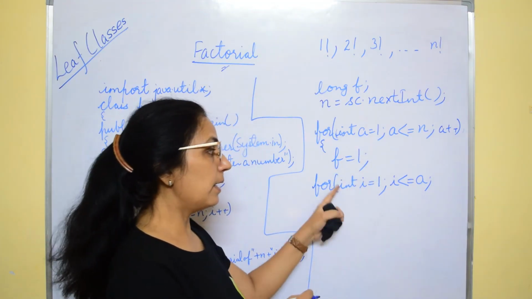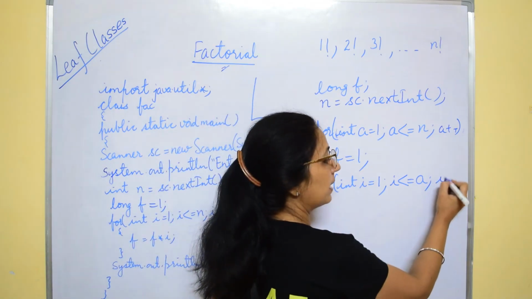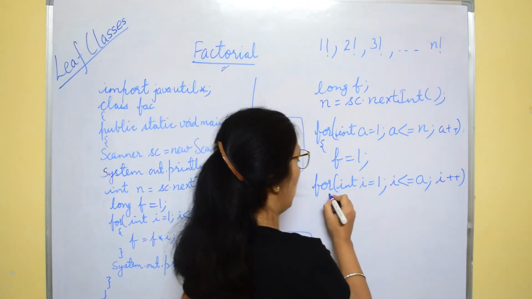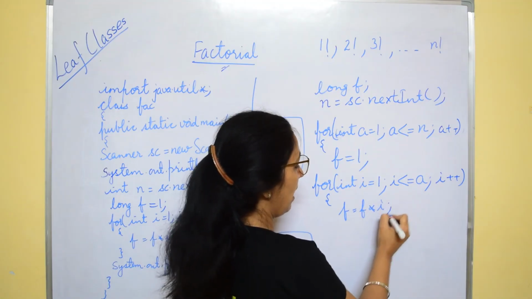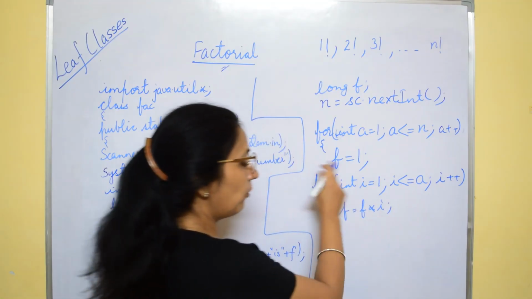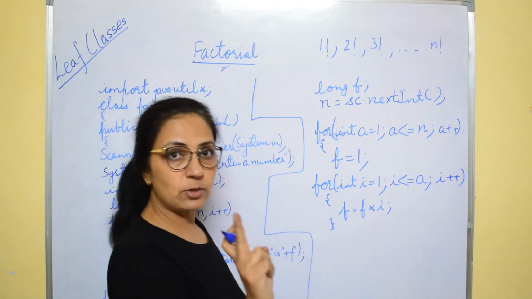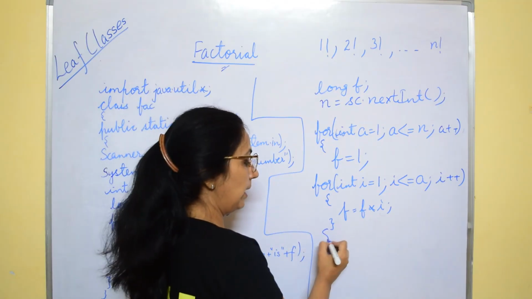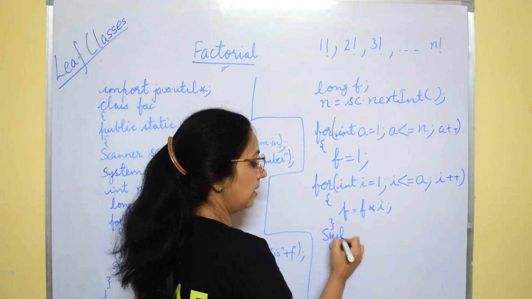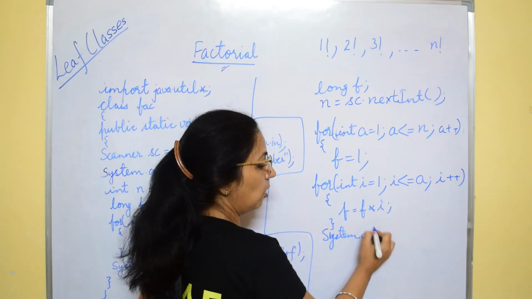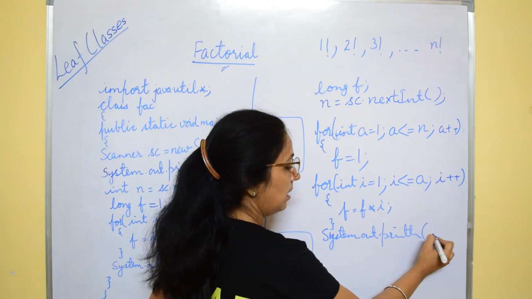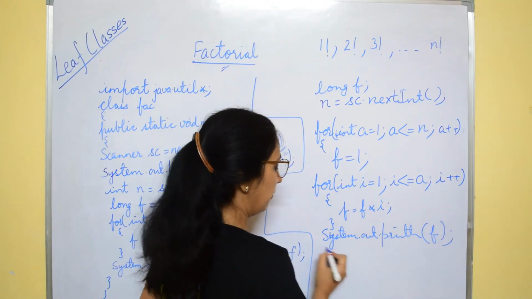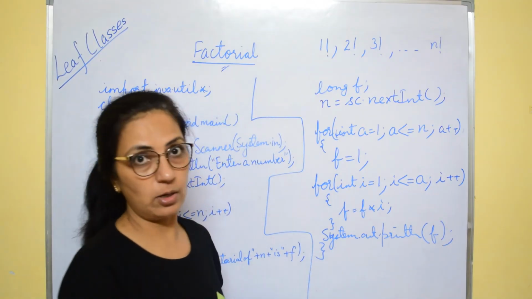So from the inner loop we are actually calculating the factorial value. Here we'll write f equals to f into i, and after completion of the inner loop, one factorial value is calculated. So here we'll print System.out.println and value f, and after that you will close the outer loop.